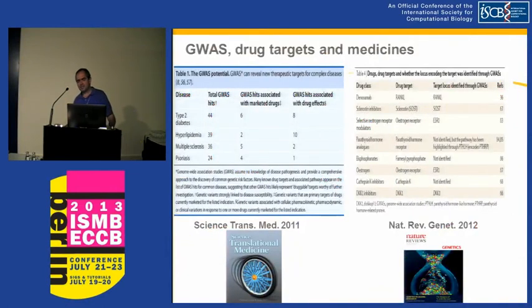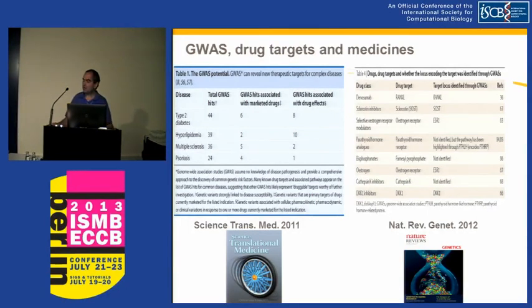So why we are interested in looking at genetics, especially GWAS initially for drug repositioning? There was these two papers published, one by Francis Collins in Science Translational Medicine, where he looked at different disease and found out a lot of the hits that were derived from GWAS were associated also with marketed drugs. The genes were associated with marketed drugs.